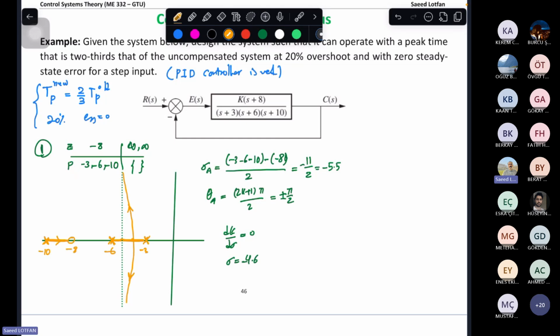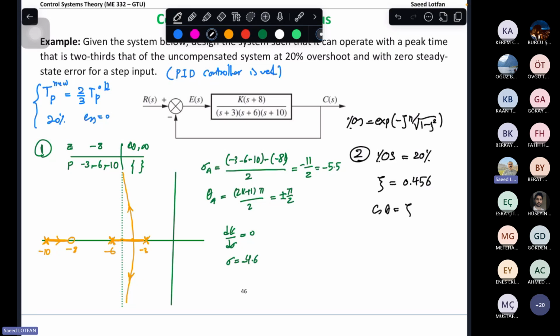So let's go to step 2. Step 2 says that the overshoot of the system is 20%. So zeta would be... I know that exp of minus zeta pi over square root of 1 minus zeta squared is the overshoot. From here I can find zeta equal to 0.456, and cosine of theta equal to zeta gives me the theta.